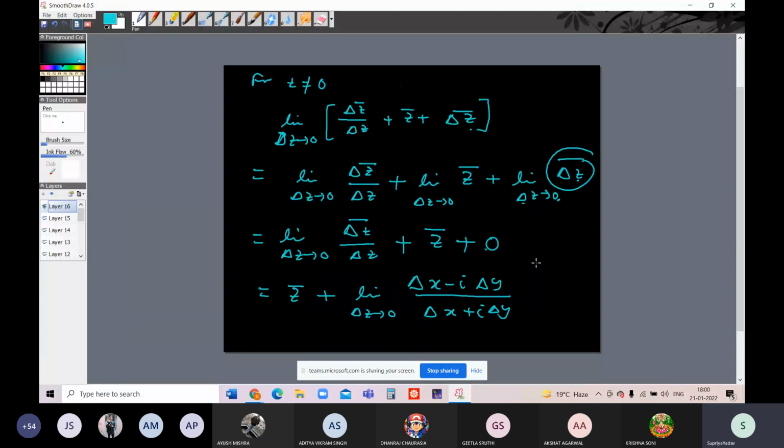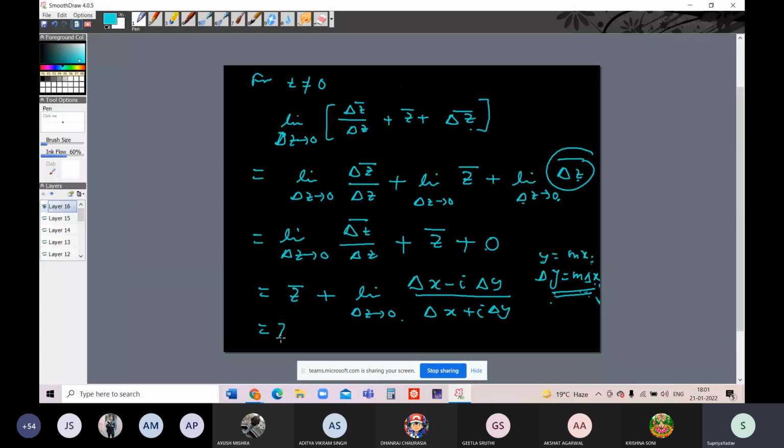For suppose you take a path, suppose y is equal to mx. You are getting close to delta z tends to 0 along this path, y is equal to mx. So corresponding to this y, because m is constant, change in y will be delta y is equal to m delta x. You can also use this quantity. When delta x is tending to 0, obviously delta y will tend to 0, and when delta x and delta y simultaneously tend to 0, it means that delta z is tending to 0.